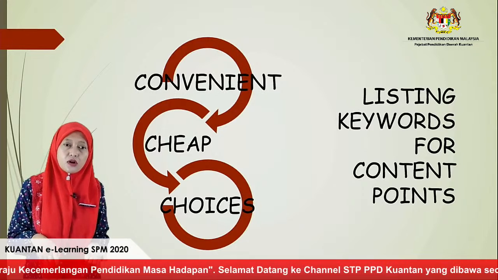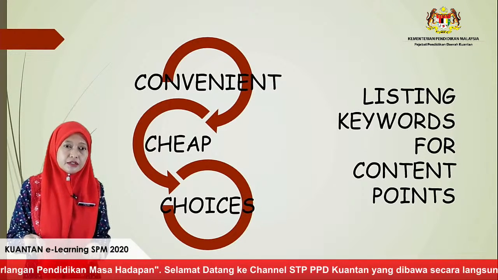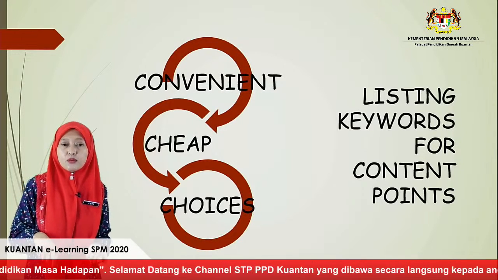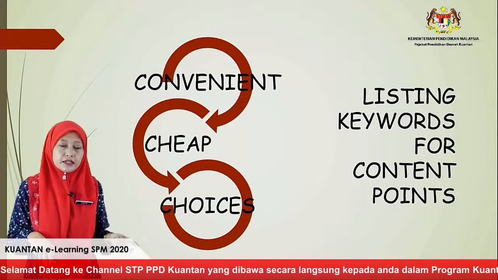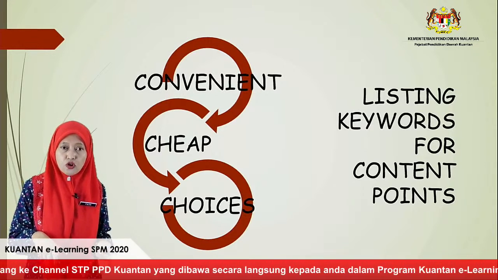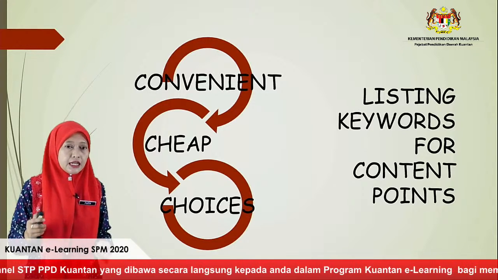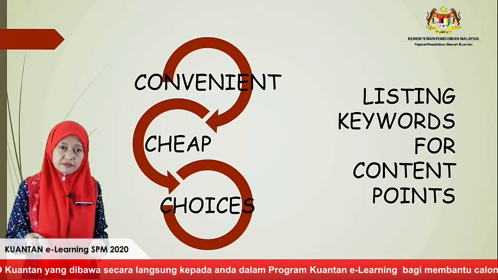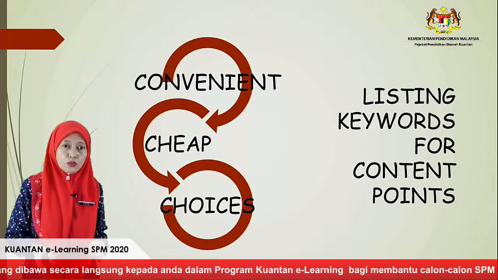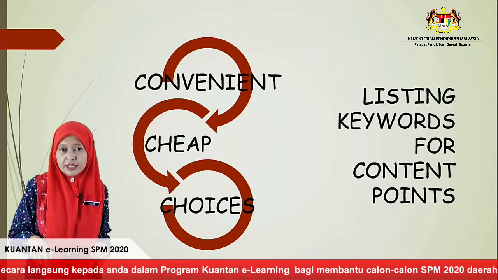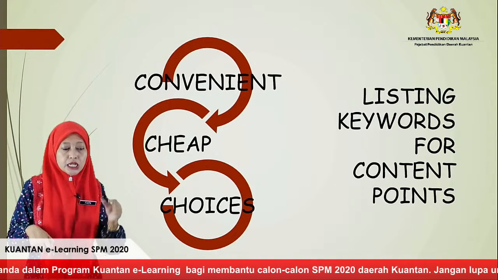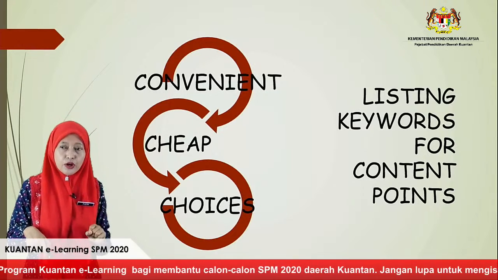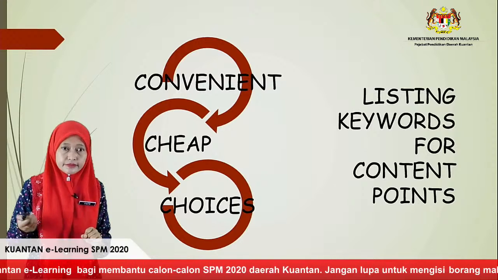So the first content would be convenient. Okay, another one would be cheap, and the last one is choices. Because I love rhythm so much, I purposely look for words that rhymes: convenient, cheap, and choices. So you have all your 3 C's there for your content.